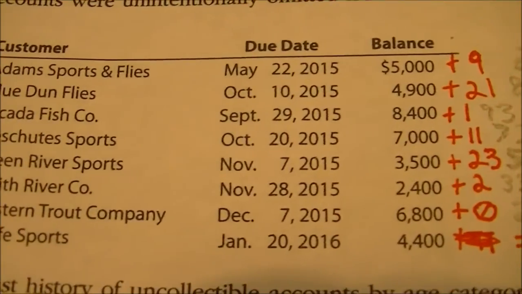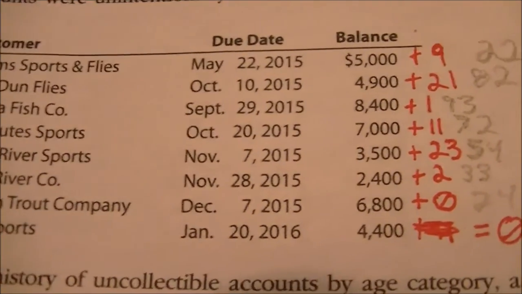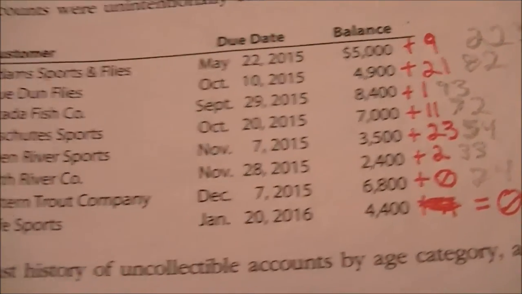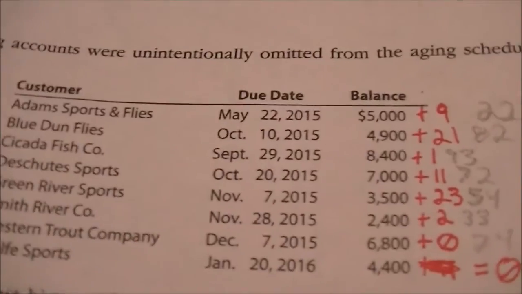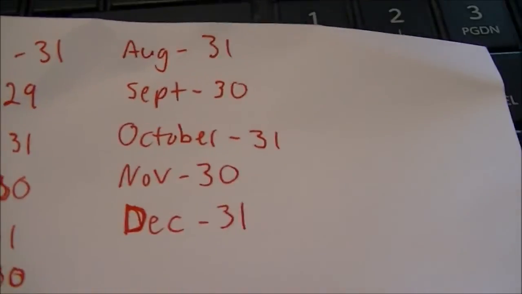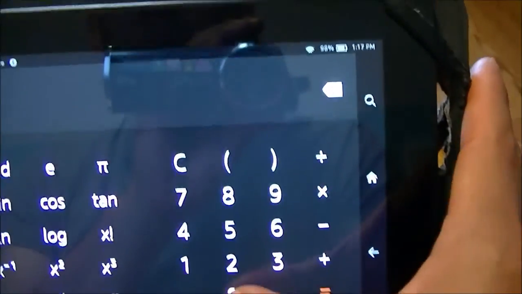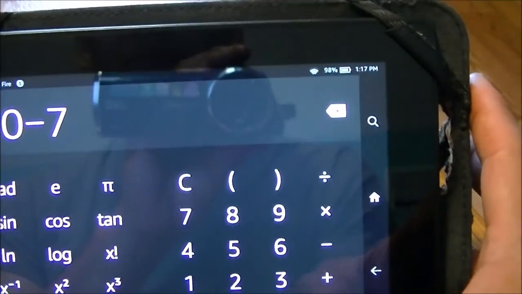Let's do another one. Let's do Green River Sports, November 7th, 2015. Okay, so let's come over here and look at November. November has 30 days in it. So we will say over here 30 minus 7 equals 23.